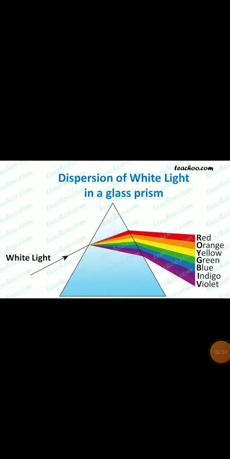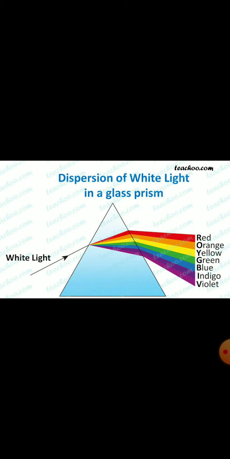That is because different colors of light bend through different angles with respect to the incident ray as they pass through a prism. We have only a ray of white light. When it is incident on the surface of the prism, all the colors have different angles with respect to this incident ray when they pass through a prism.